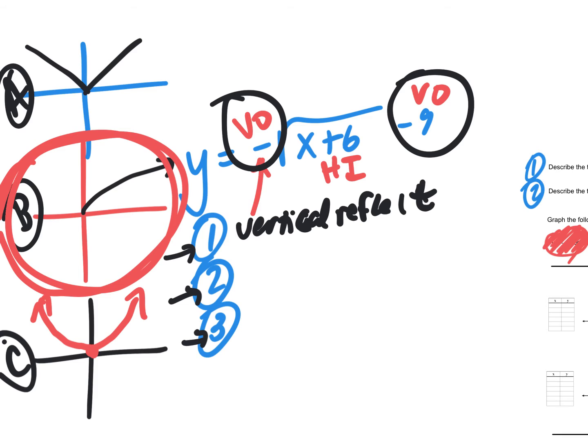And the other thing on the outside is a down 9. And it seems like those things make sense. Like they do just exactly what you would think. Whereas this is counterintuitive. You would think that would go to the right 6, but it actually goes left 6.